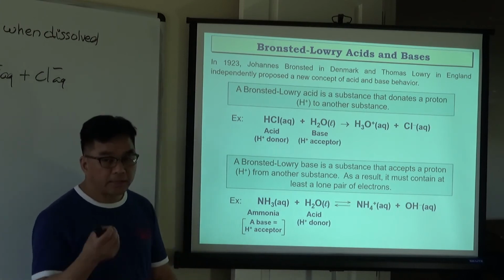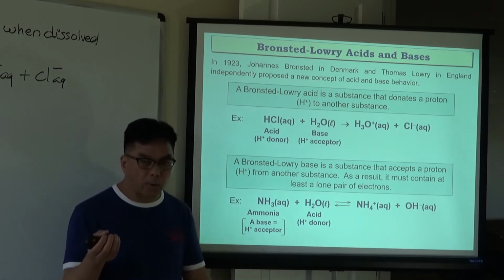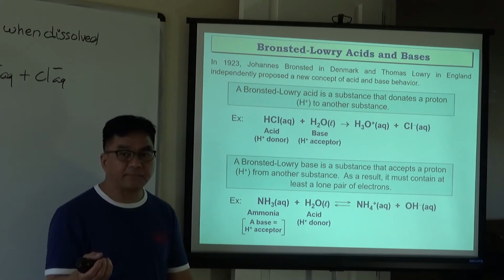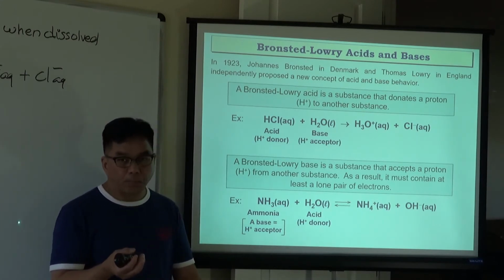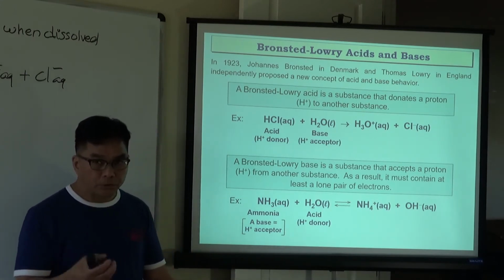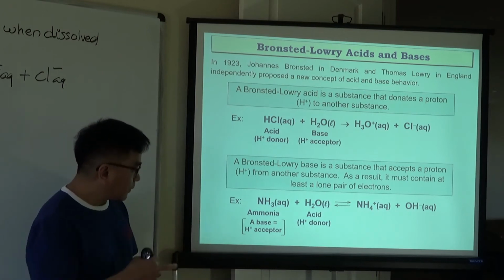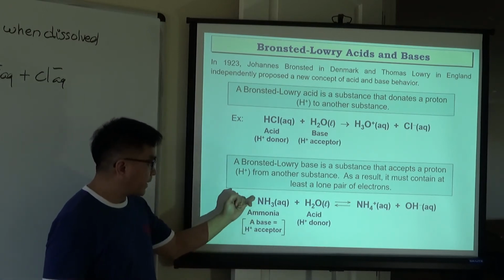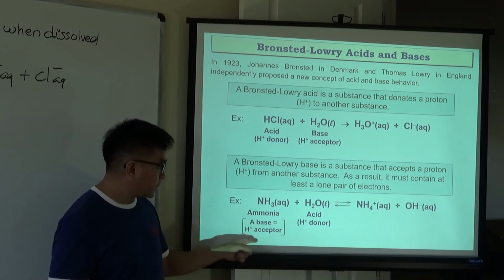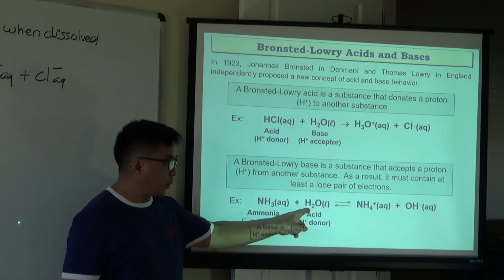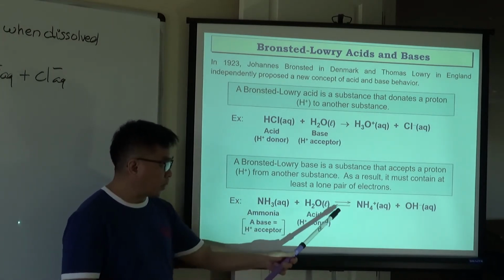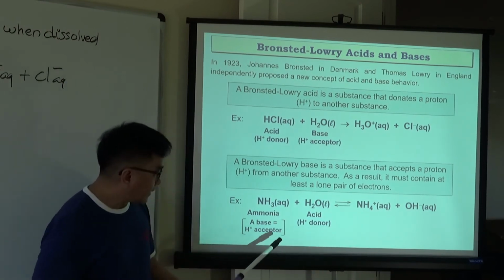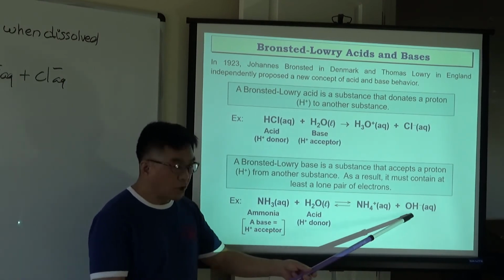Anything that accepts a proton, or hydrogen ion, which is positively charged, must have a lone pair of electrons. So ammonia grabs a proton from the water to become ammonium ion, and it produces hydroxide.